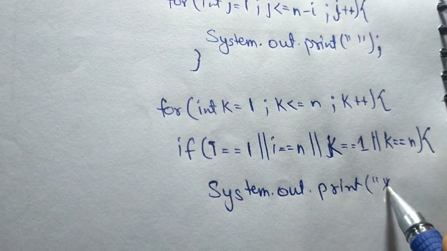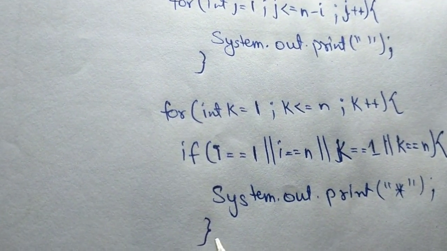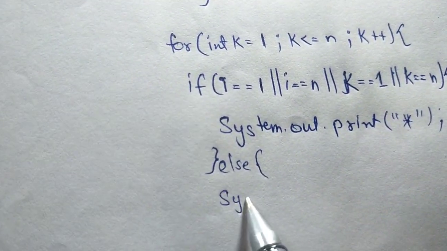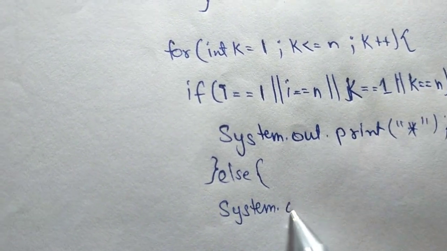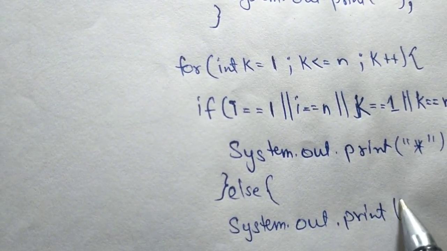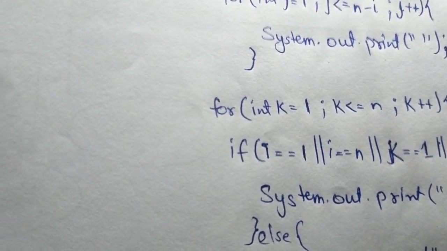What will we print? Stars. Else, what will we print? System.out.print, we are printing spaces. So we have prepared our logic, we have printed that pattern.